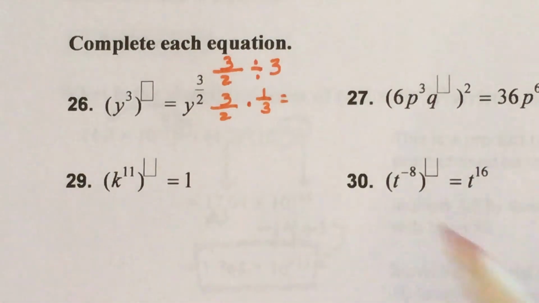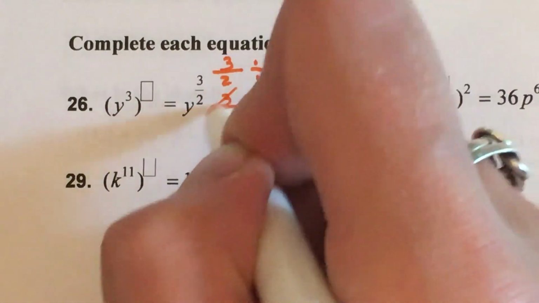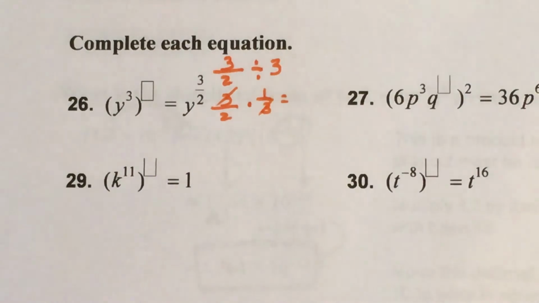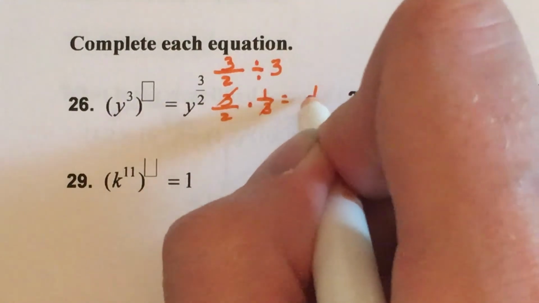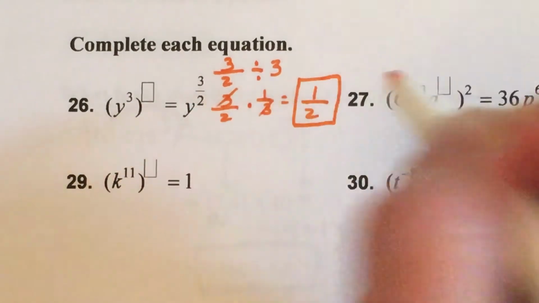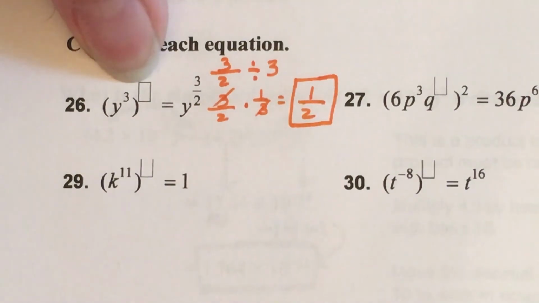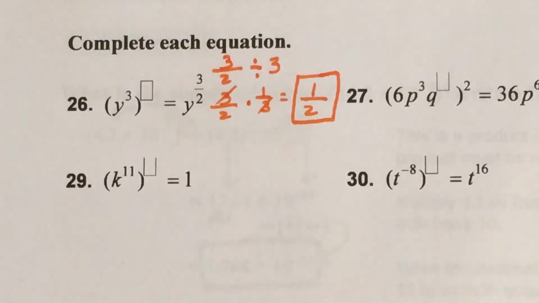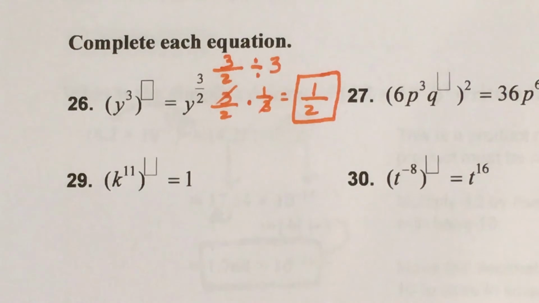What do you get? The 3's cancel out. 1/2. Some people could just look at this problem and they would see it. Oh, it's 1/2. What? And you're right, it's 1/2. Other people need a little bit more of, how did you get that? And that's fine. We'll just take time and we'll figure out how to get that. Working backwards.